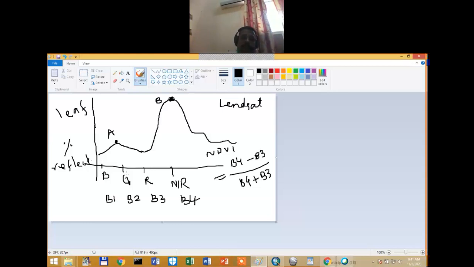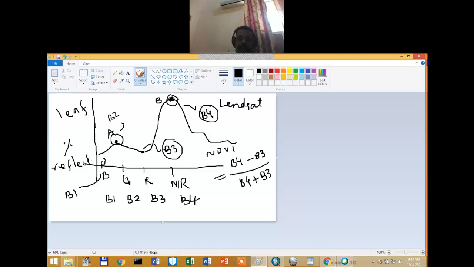When the satellite captures this information, the green band is normally stored in band number 2. The blue band is stored in band number 1. This information is our band number 3 information, the information of the red. And normally, the near infrared is stored in band number 4.